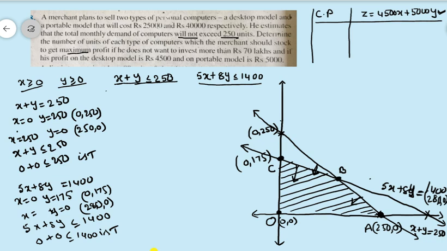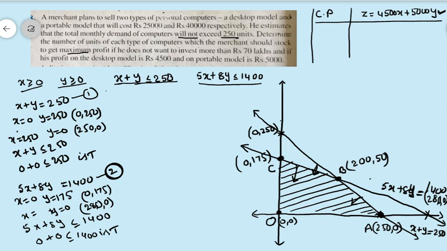If you solve equation 1 and equation 2, we will get another corner point. So you will get this corner point as 200 comma 50, right?